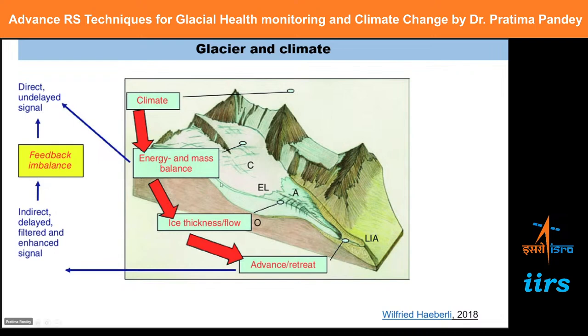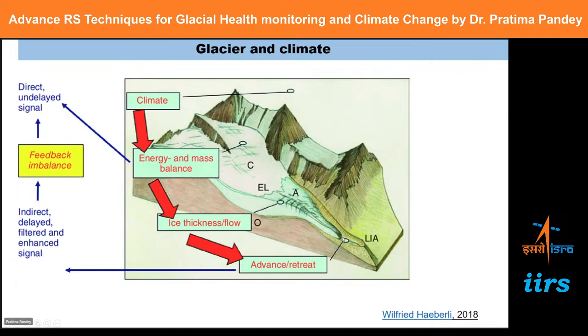Suppose we have a very good snowfall, very good precipitation in terms of snowfall, then in the accumulation zone snow will be more and the accumulation zone will increase. Subsequently, the ablation zone will decrease. So we'll have a positive mass balance. If we have a positive mass balance over the years, the glacier will subsequently advance.